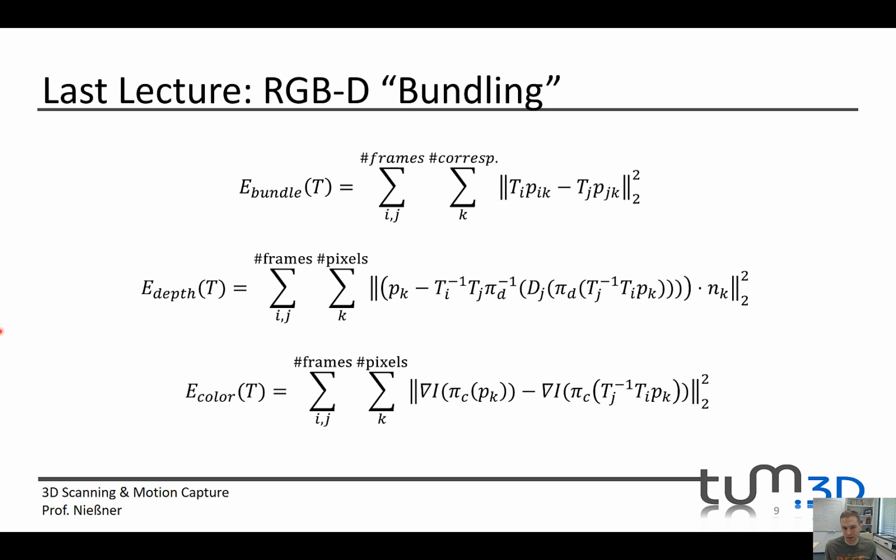Then you probably want to add the depth terms, and then you want to add the color terms. So from pure complexity and difficulty of the energy landscape, this one here is the nastiest one in a sense, because photometric alignment typically is very non-convex, and it's very hard to optimize for, because you just have so many local minima that are important to consider.